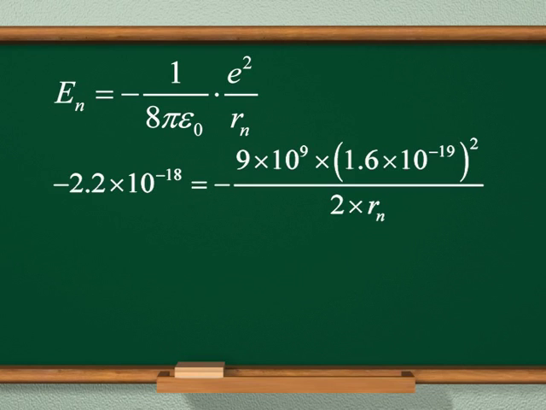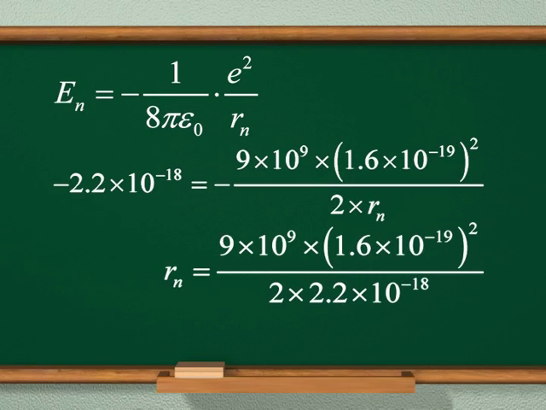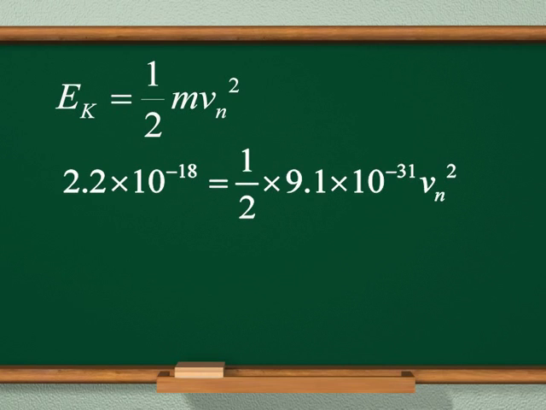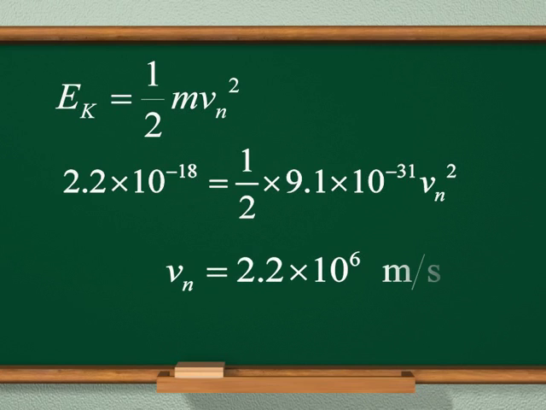This gives the orbital radius Rn equal to 5.24 into 10 to the power minus 11 meter. Therefore, the velocity of the revolving electron can be computed as 2.2 into 10 to the power minus 18 equal to half into 9.1 into 10 to the power minus 31 into Vn square, which gives Vn equal to 2.2 into 10 to the power 6 meter per second.